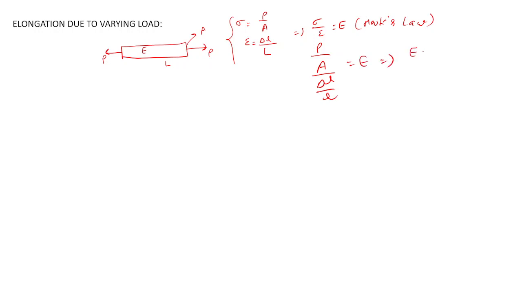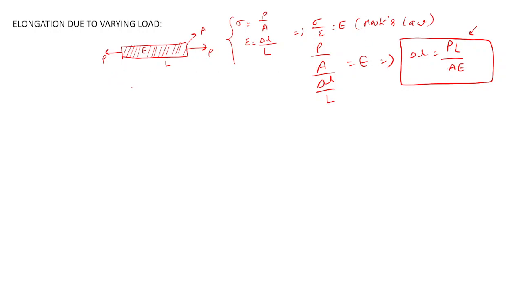When we solve it, delta L will come PL by AE. So here we simply find delta L is PL by AE. We are able to do this because we assumed Young's modulus is constant everywhere, and second, it's a prismatic bar and the area is constant for the whole length.